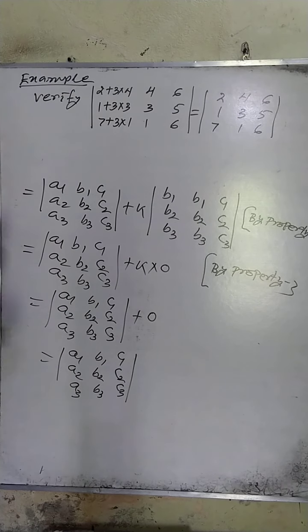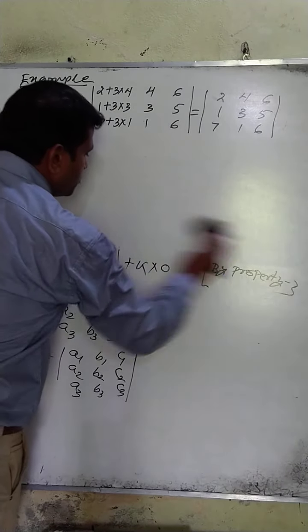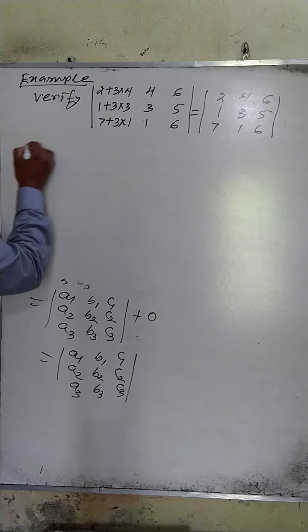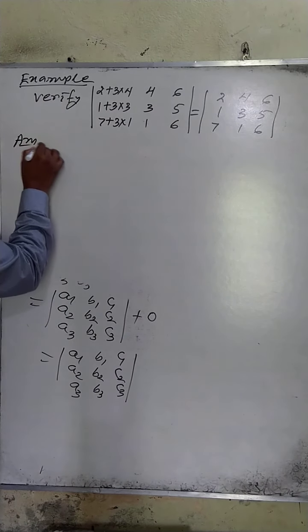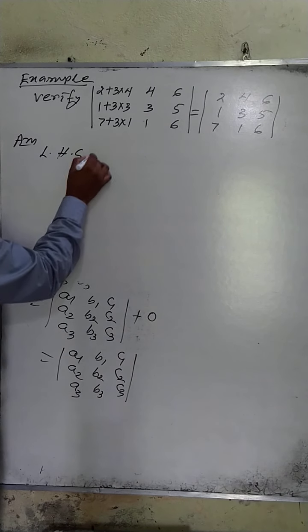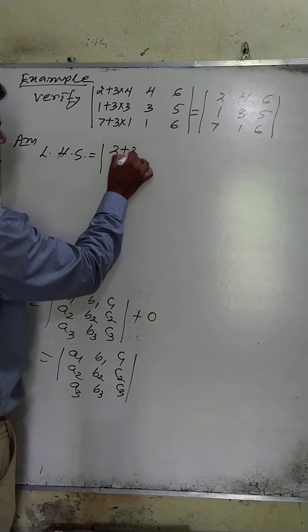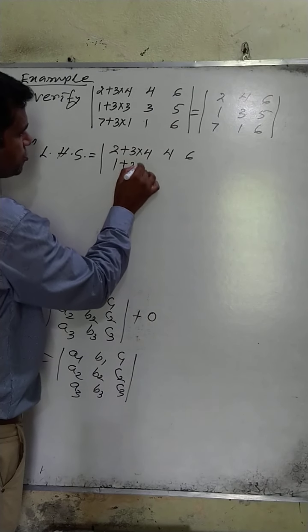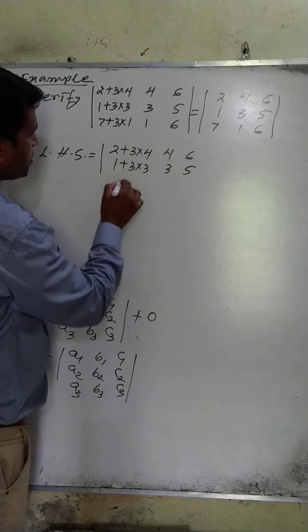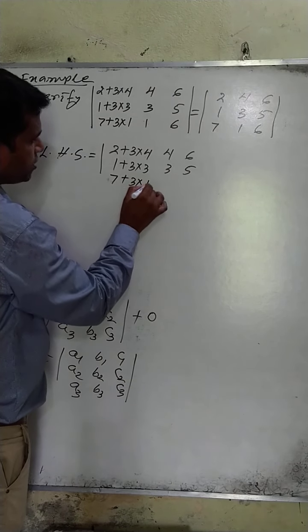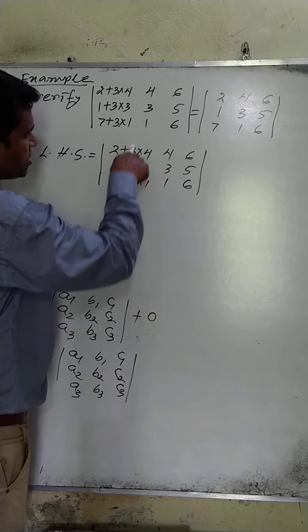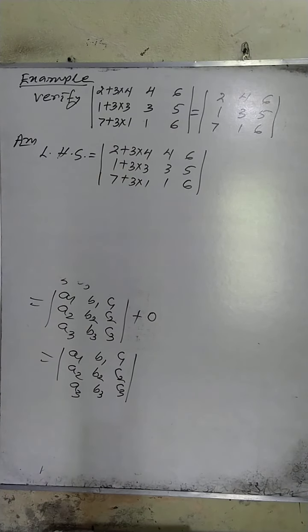Now we verify that this determinant is equal to this. Okay, now we take the left hand side, LHS. Here k is 3.